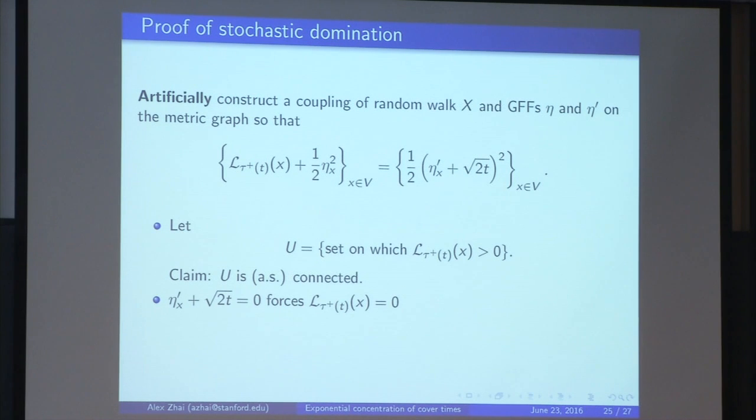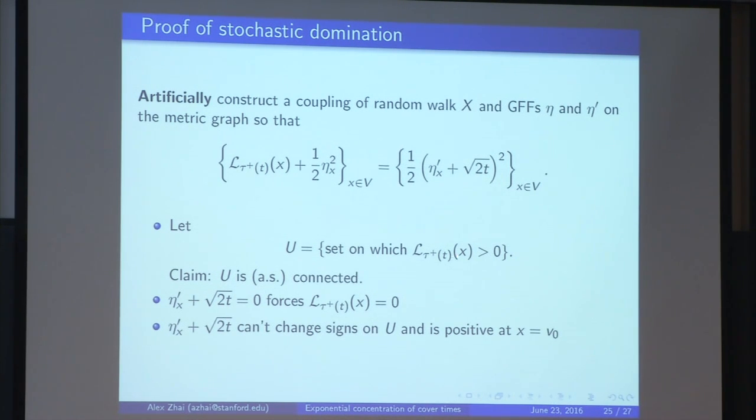And then again, as before, if this eta prime x plus root 2t equals 0, it forces the local time to be 0. Now the final thing is that, because of this continuous limit that we pass to, we see that this eta prime x plus root 2t can't change signs on the set U. Because if it changed signs, then by the intermediate value theorem, it would have to be 0 somewhere.